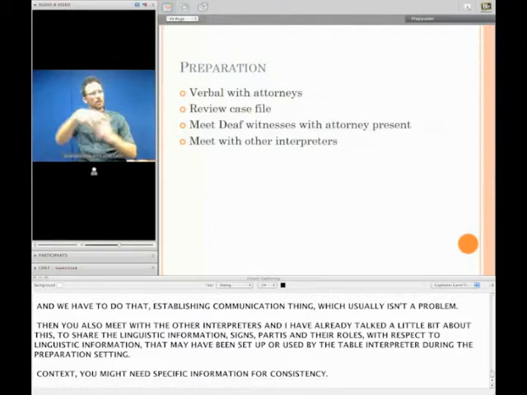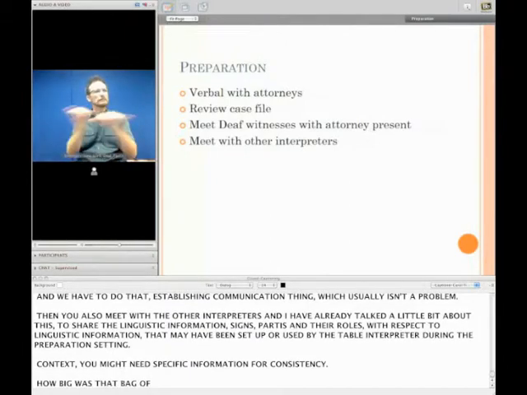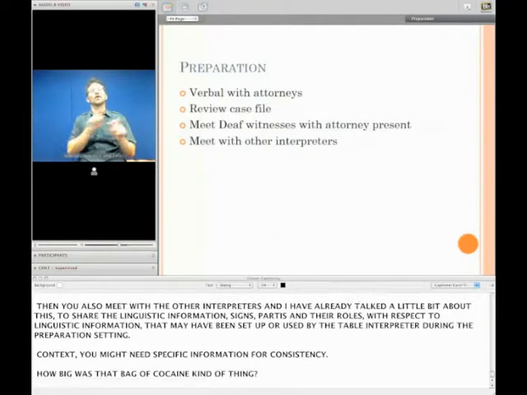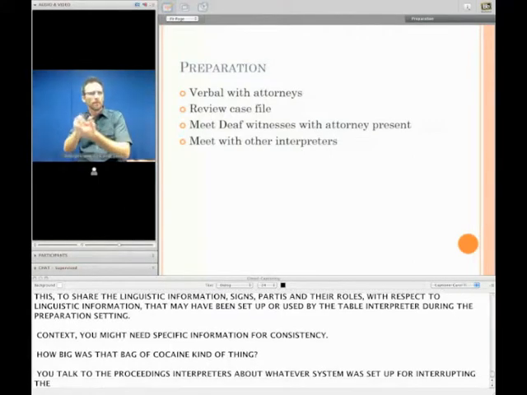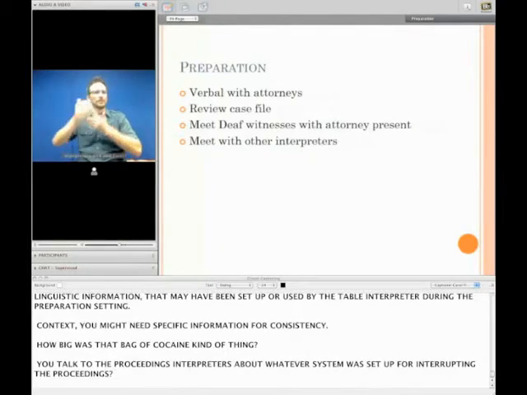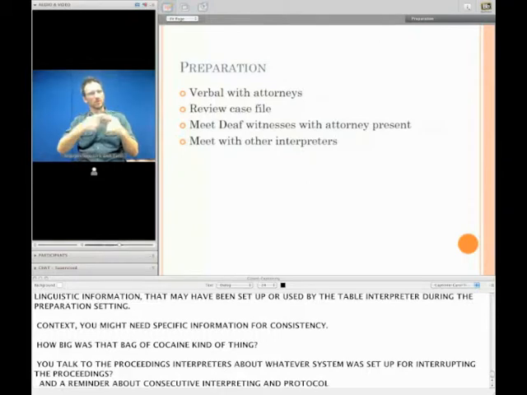How big was that bag of cocaine, kind of thing. You talk to the proceedings interpreters about whatever system you set up for interrupting the proceedings. And a reminder about consecutive interpreting and protocol and disclosures.